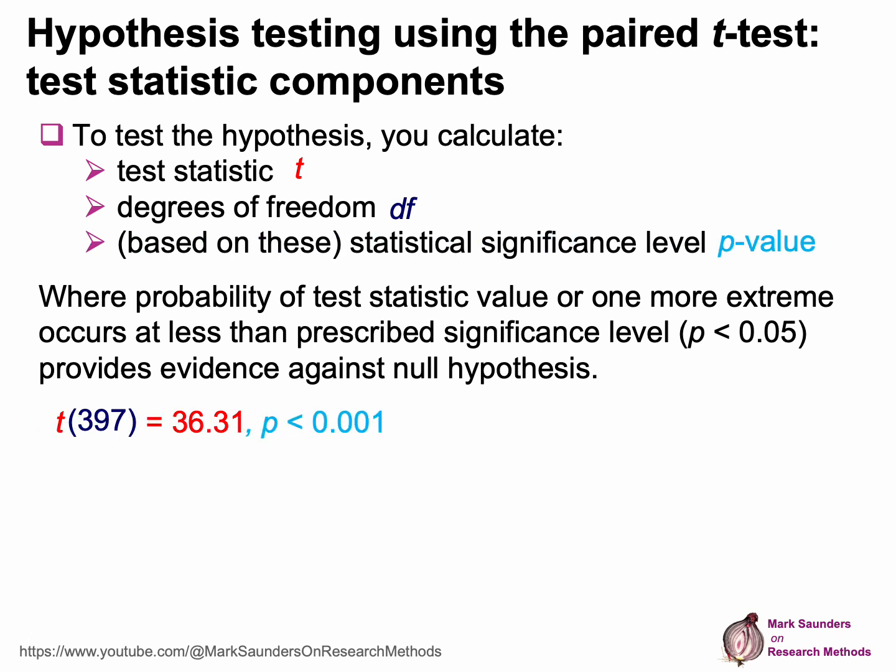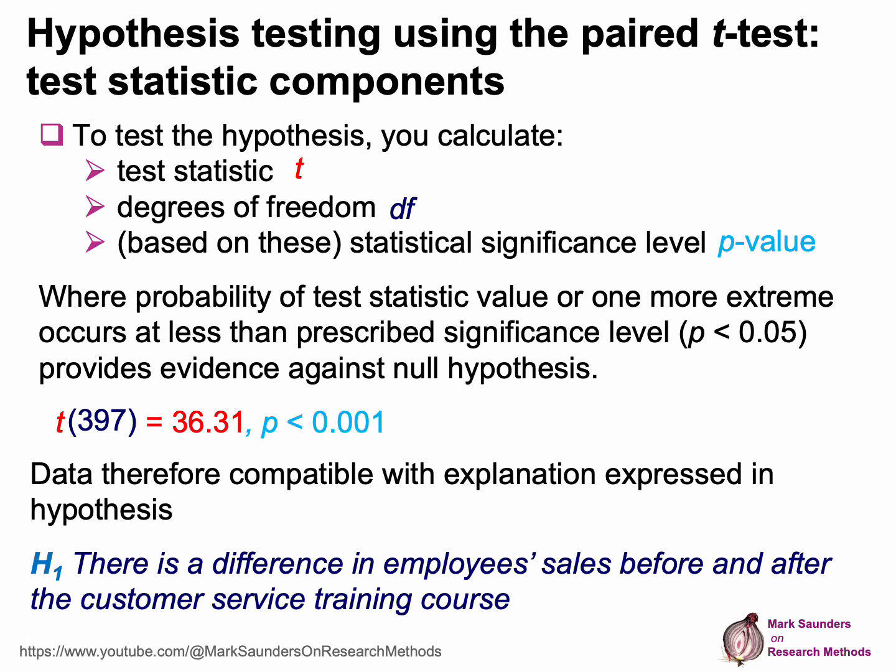Where the probability of the test statistic value, or one more extreme, occurs at less than the prescribed significance level, normally P is less than 0.05 or 1 in 20, this provides evidence against our null hypothesis. The data we have are therefore compatible with the explanation expressed in our hypothesis, and for our example, there is a significant difference in employee sales before and after the customer service training course.